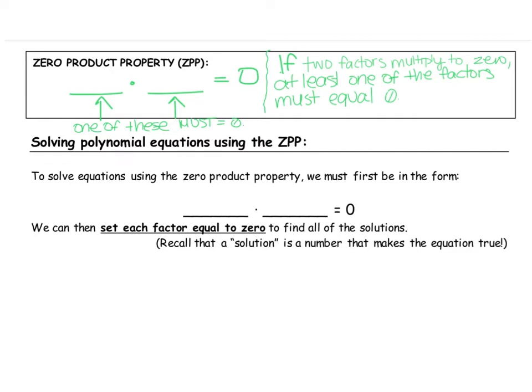Well, the goal is that we always need to get each equation into the form something times something equals 0. And once we have the equation in this form, we can say either this factor equals 0 or this factor equals 0, and we will find the x's that make that true, and those x's will be our solutions. So let's do a few examples.